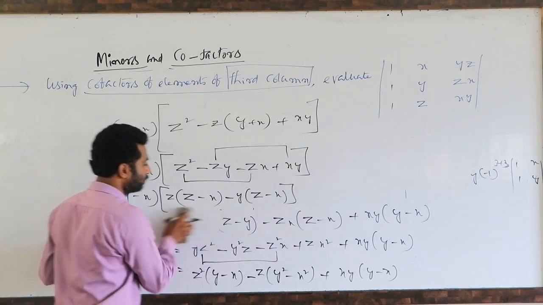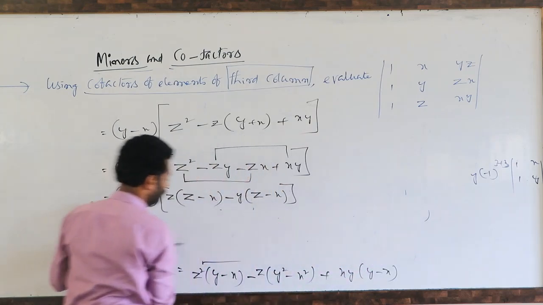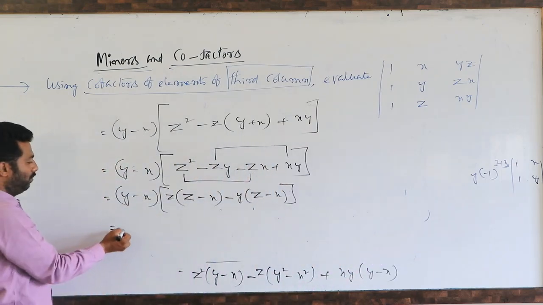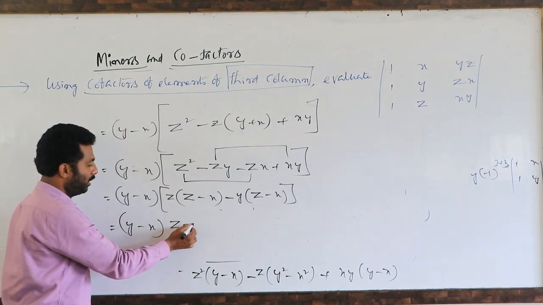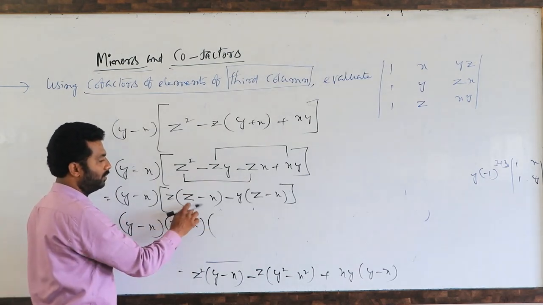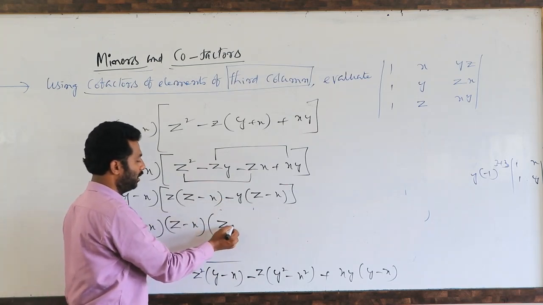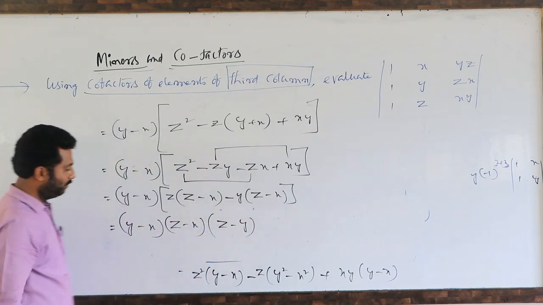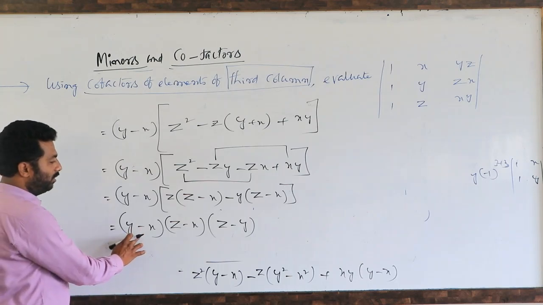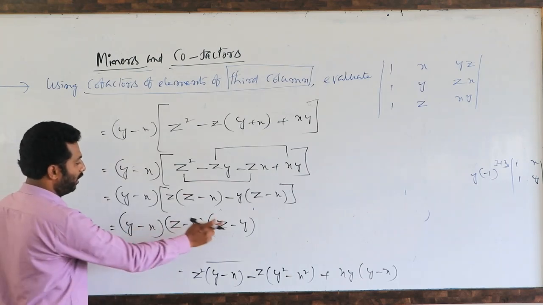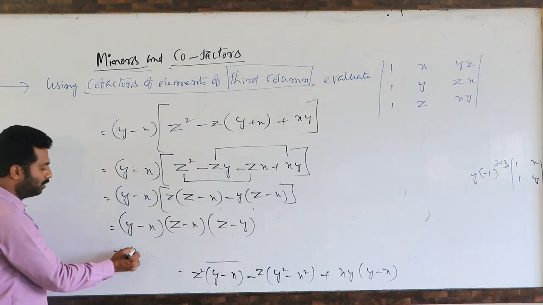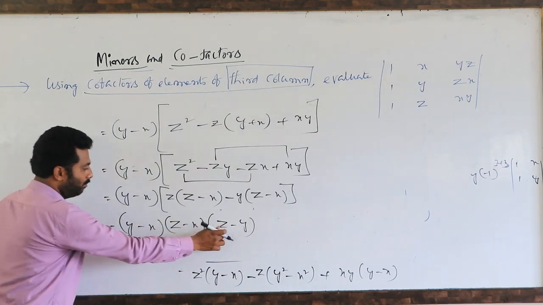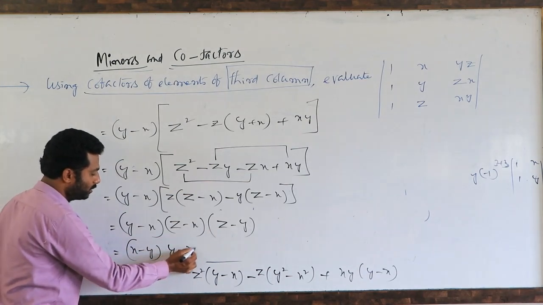Again, y minus x. Again, z minus x you take common, and z minus y will be there. Here minus common, x minus y. Minus into minus is plus, so x minus y. Minus common means y minus z.